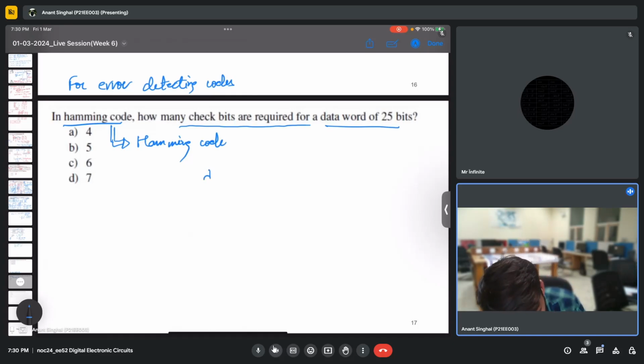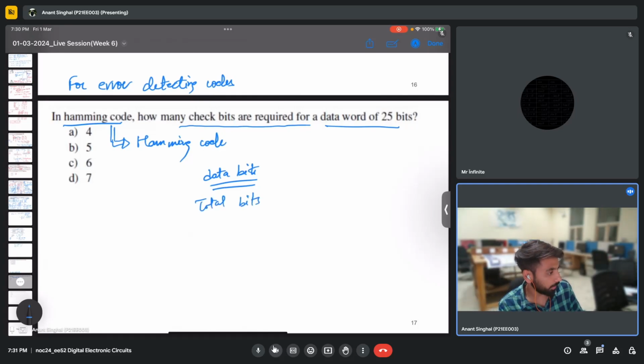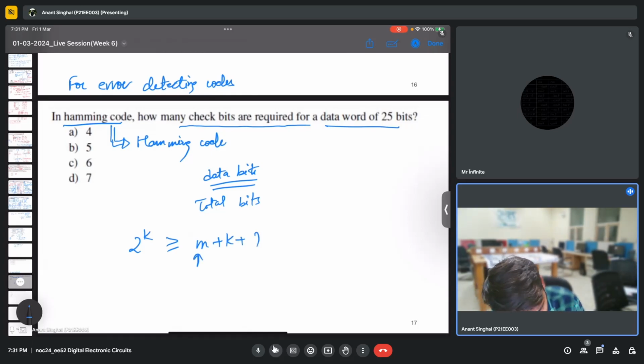So we have data bits, we have total bits. The relation for the Hamming code is given by 2 raised to the power k should always be greater than or equal to m plus k plus 1, where m are the data bits and k is the check bits.